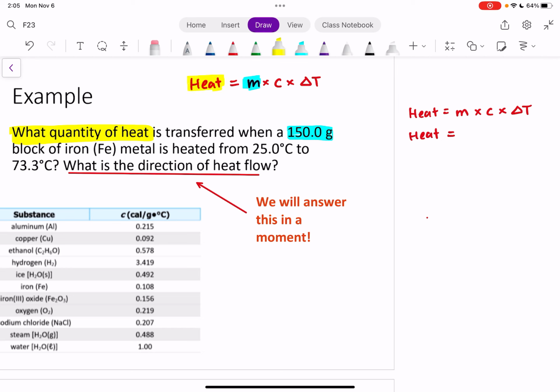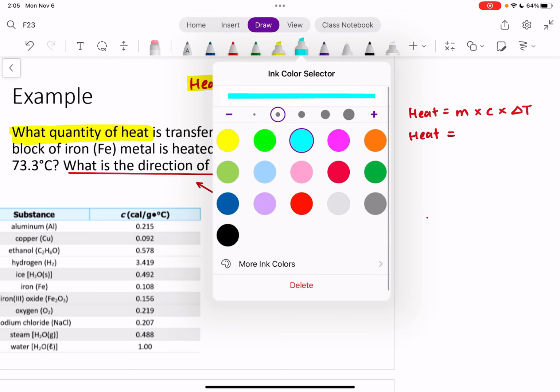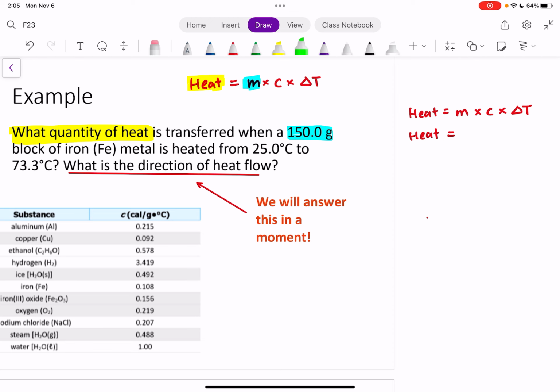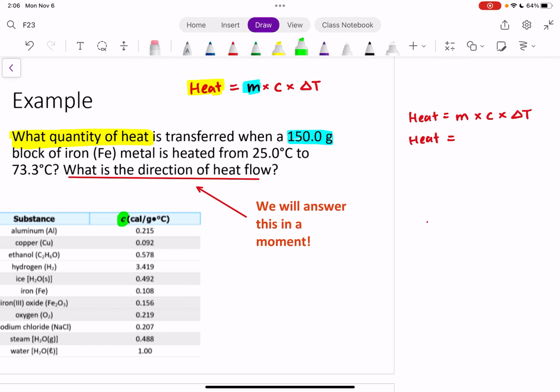How am I going to find my C value? Where can I find that? C is going to be our specific heat, and we have a chart here. We have our C values here, so I'm going to color code that. You'll notice we're using the degrees Celsius version because that's what our temperature is measured in. And what substance do we have here? We have iron metal, so we're looking for iron on here.